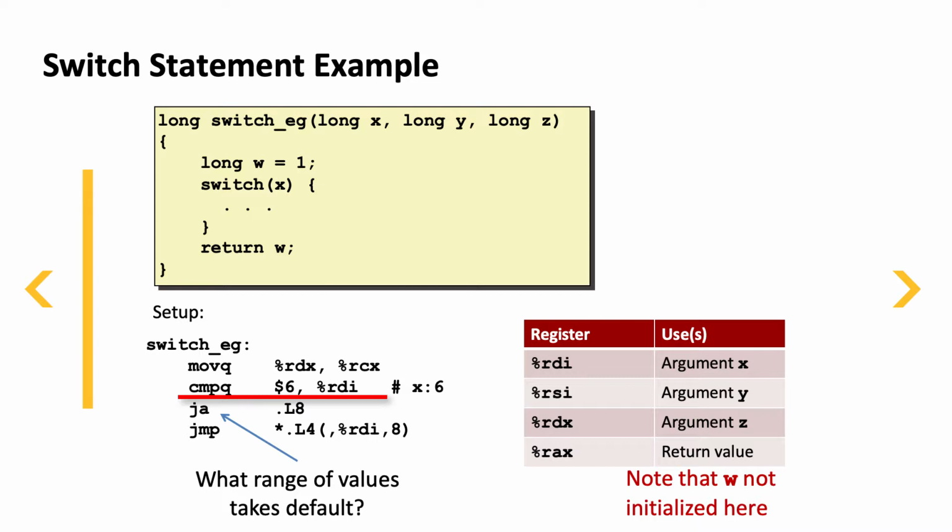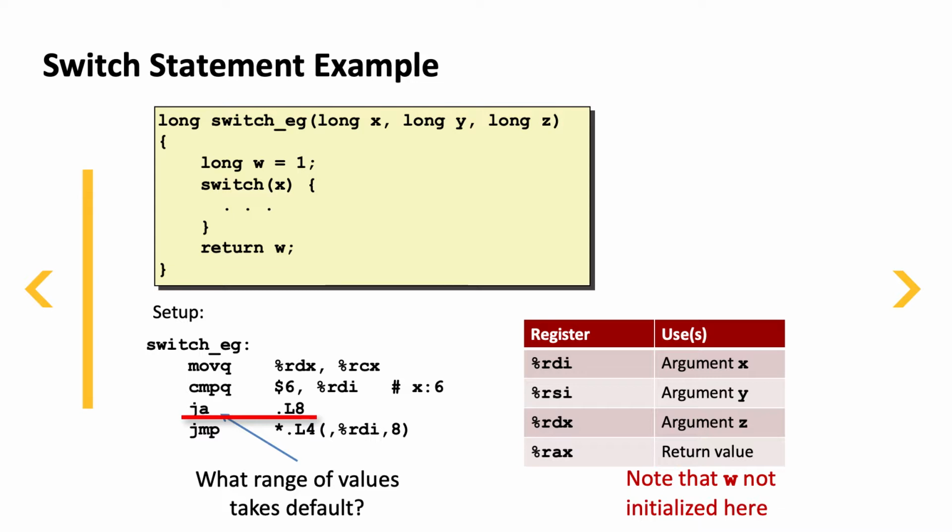Now we get into a jump. Now JA is jump if above. So basically, if we compare 6 to RDI, if our argument X is above 6, if it's greater than 6, we're going to jump to label L8. And again, we'll see what that is in a little bit.